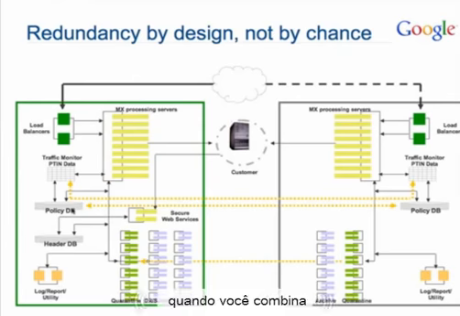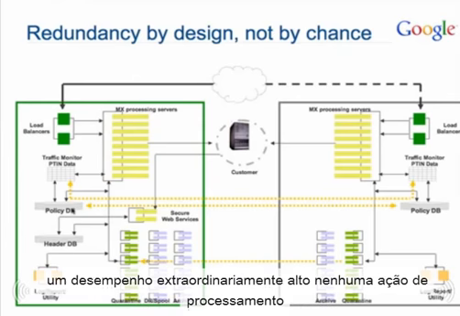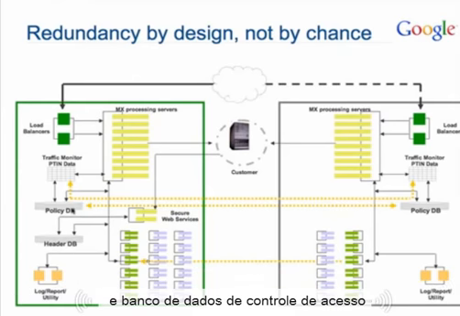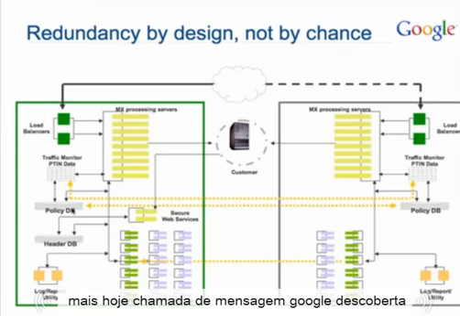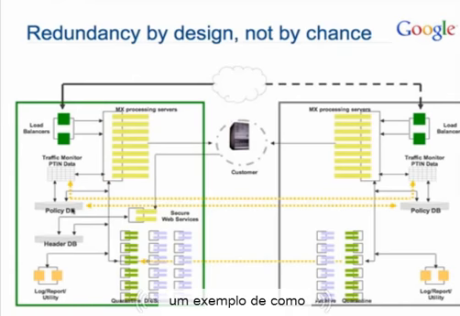So when you combine an extraordinarily high-performance mail processing engine with an access control database and include an extremely cost-effective custom-built storage environment specifically designed to deal with very large volumes of mail, you end up with an early ancestor of what today is called Google Message Discovery. Once again, an example of how the work that we do today is a logical extension of previous accomplishments.